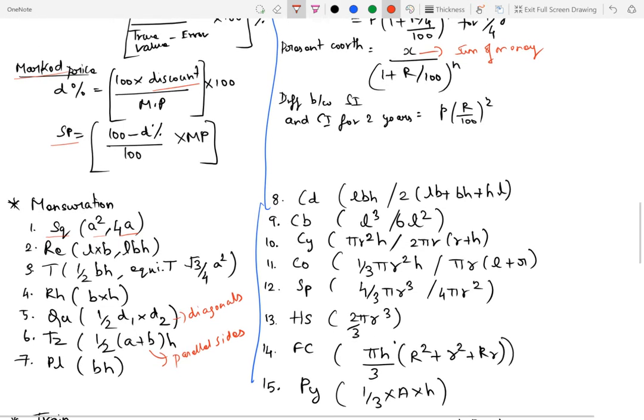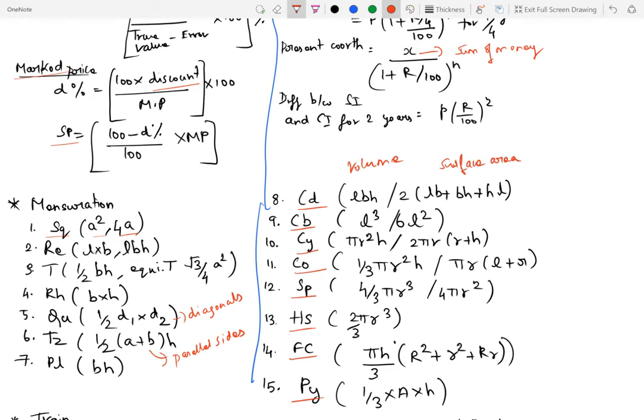And the next one here is given as cuboid, cube, cylinder, cone, sphere, hemisphere, frustum of cone, pyramid. Okay, so when it comes to cuboid, then it is not area, it is called as volume, right? So cuboid volume is L into B into H, and this one is surface area.